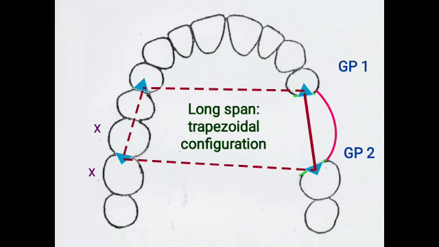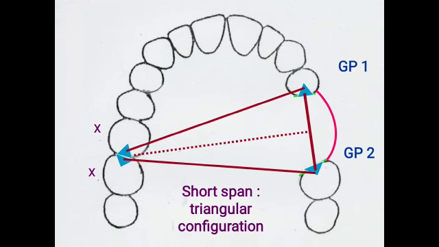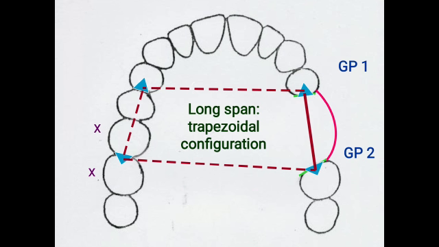If the edentulous span is small, then we can go for this tripodal configuration. If the edentulous span is long, then we can always go in for a quadrilateral configuration.